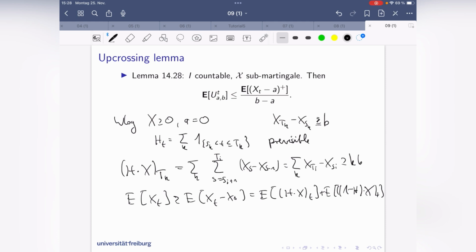So h is either 0 or 1, x is non-negative, which means that this here is never smaller than 0.